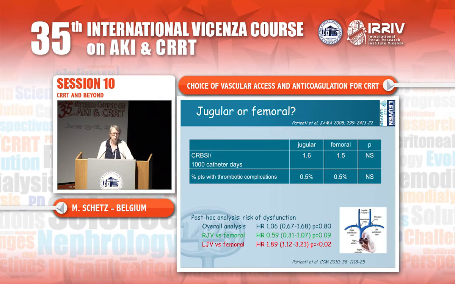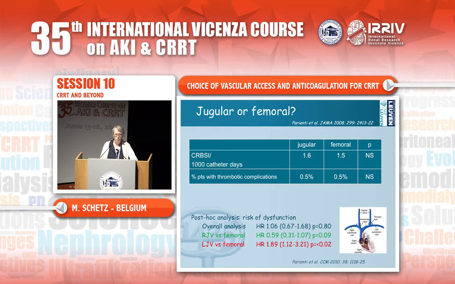This study also found no difference in catheter-related bloodstream infection or thrombotic complications. And then they did post hoc analysis looking at the risk of dysfunction, and the overall analysis found no difference in dysfunction between the jugular and the femoral catheter.